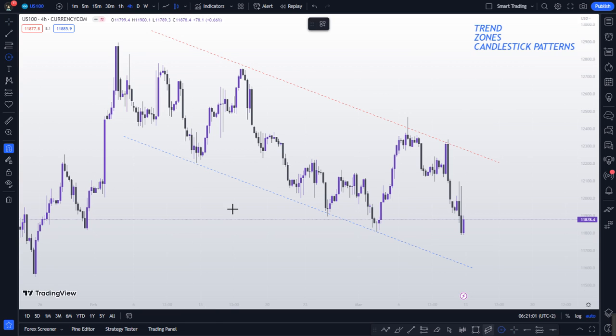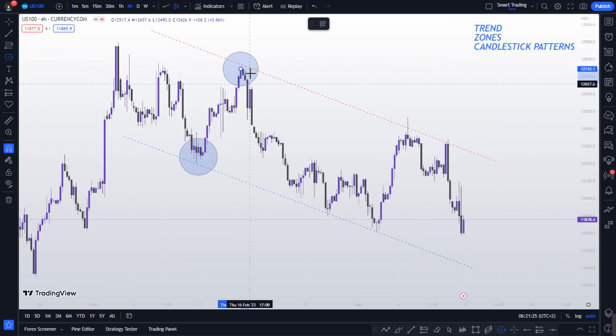After you see we had an impulse movement and the graph went all the way down here before it formed this channel. So this was actually our first touch on the channel when it was making the channel. Let me just increase the size a little bit.